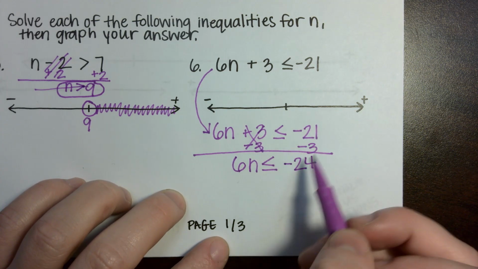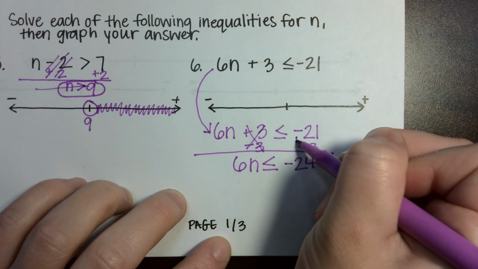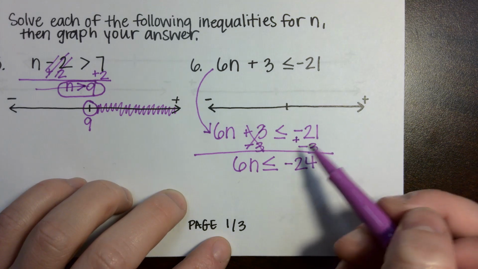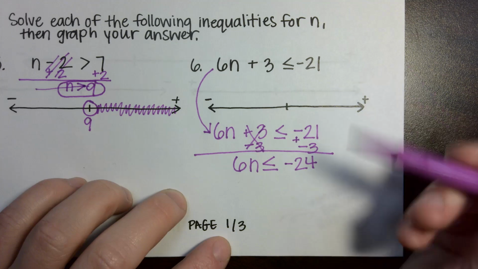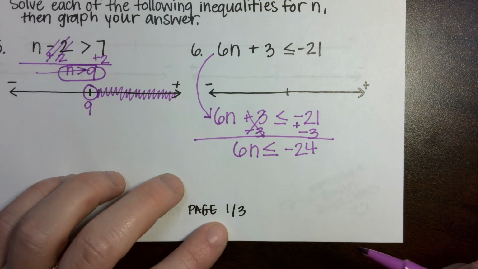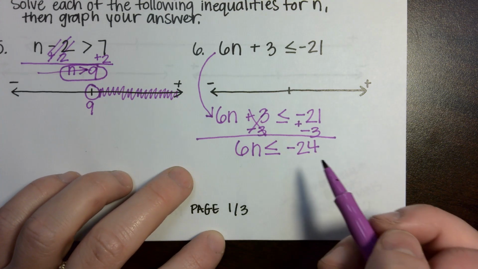We can also think of subtracting like adding a negative. So if I was doing negative 21 plus negative 3, maybe that's a more simple way of understanding that this will give us negative 24. We're adding a negative there. Okay, I'm left with 6 times n is less than or equal to negative 24.